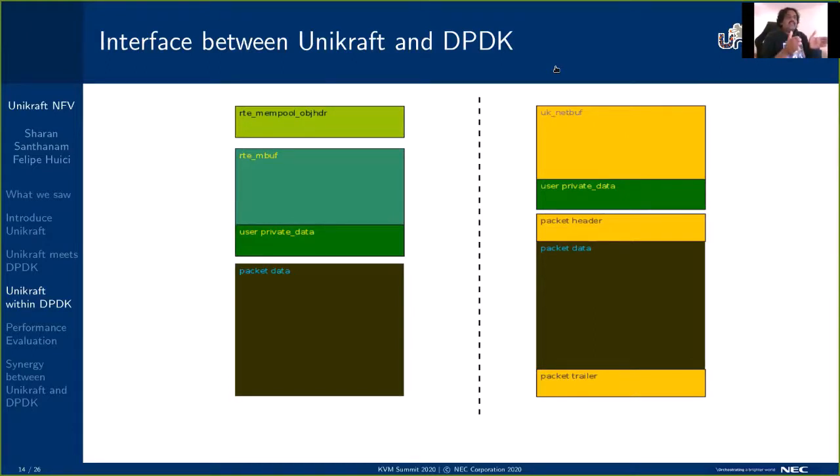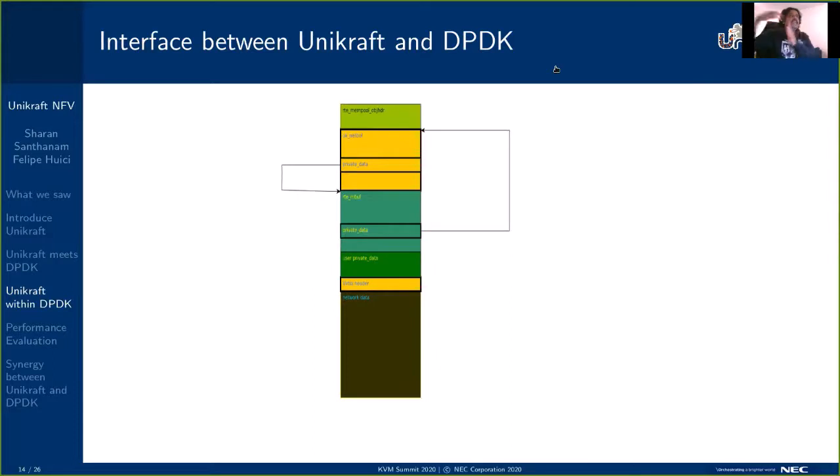So we needed a way to translate from a netbuff to an mbuff. We came up with this UK ring library, which does this mangling from one data structure to another. The poll mode driver also translates anything happening within the DPDK context to the Unikraft context within the NetDev.